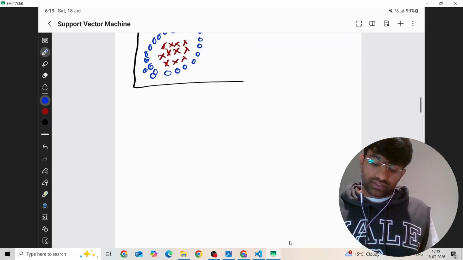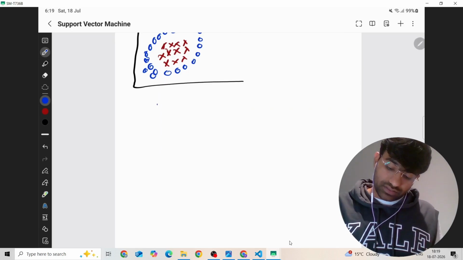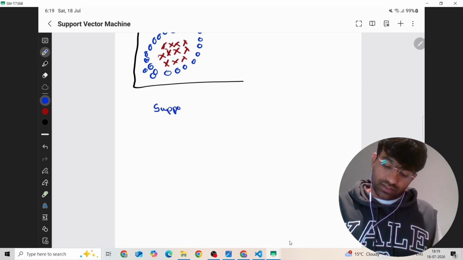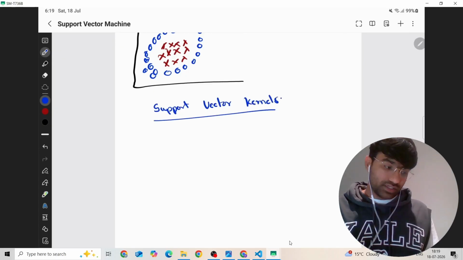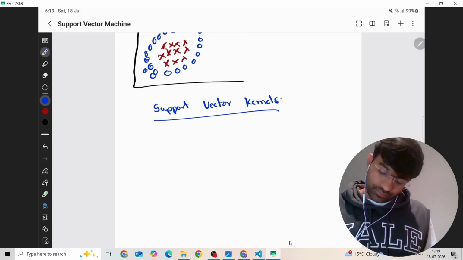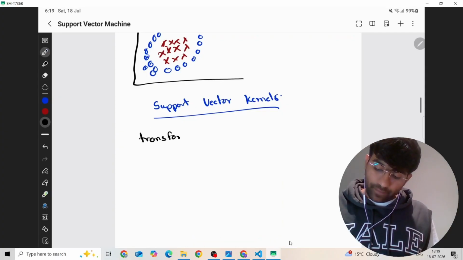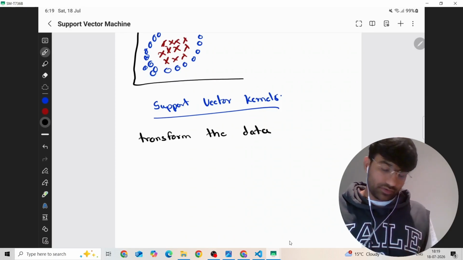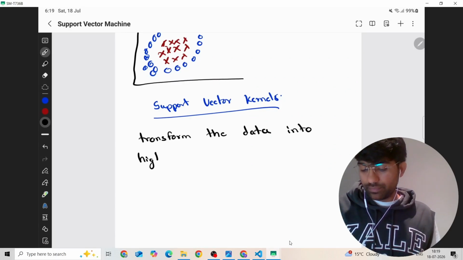What we will do in this scenario is we will use support vector kernels. What the support vector kernel does is transform the data into high dimensional space.